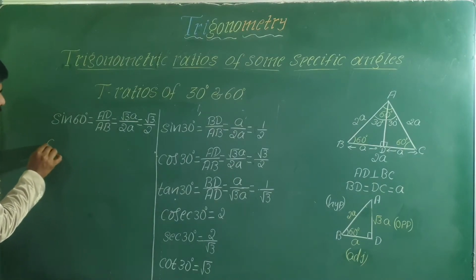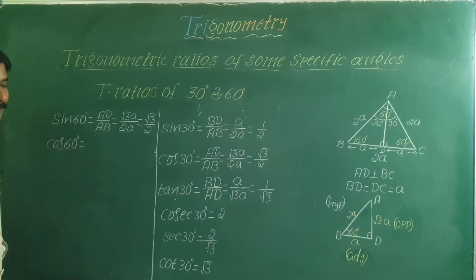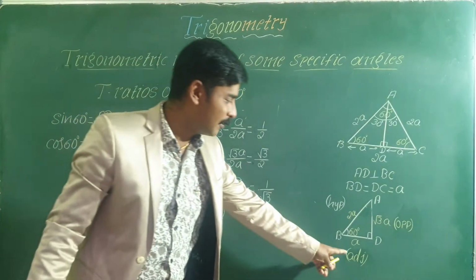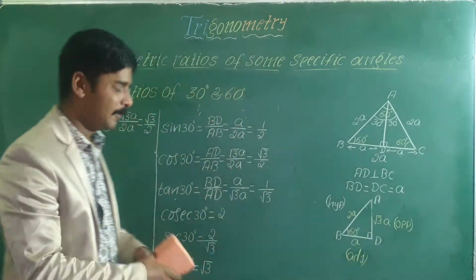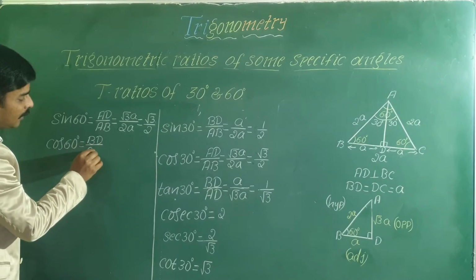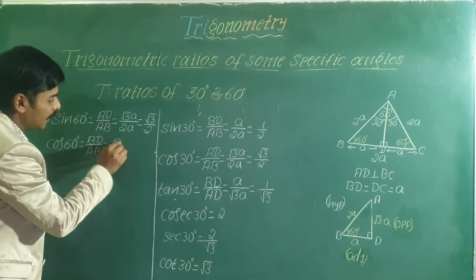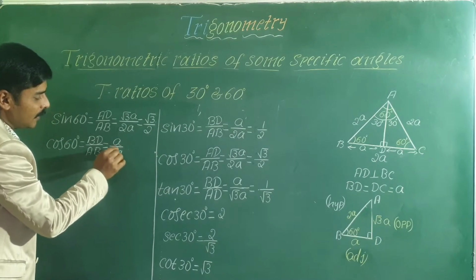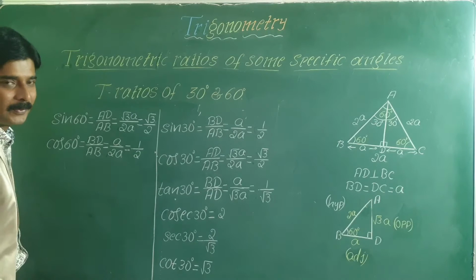Similarly, tell me what is cos 60. Cos 60 degree is adjacent side by hypotenuse. That is BD by AB. How much is BD? It is A by 2A. So once again, A will get cancelled and we get 1 by 2.